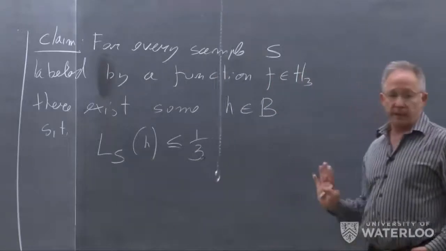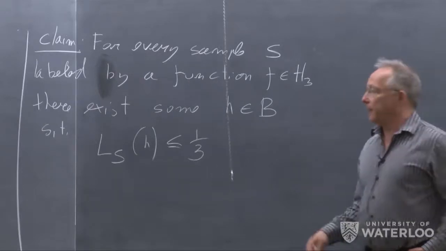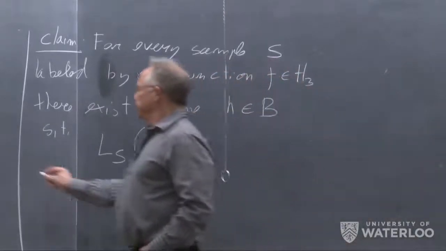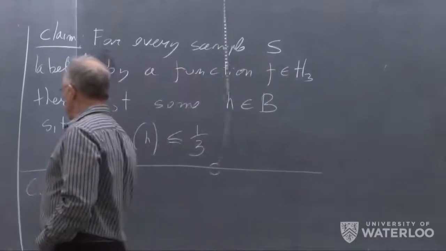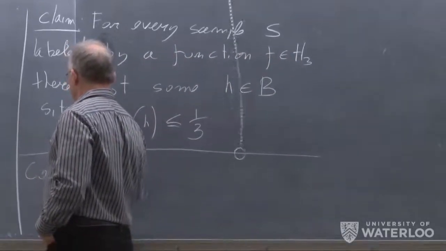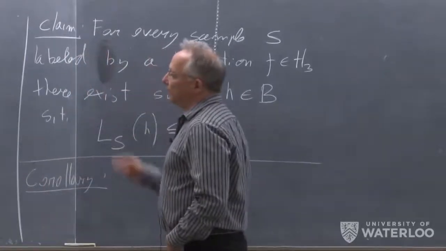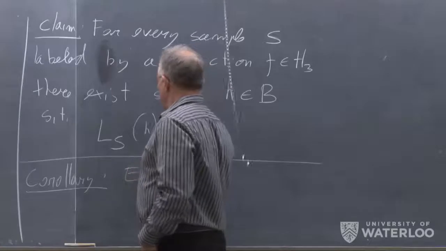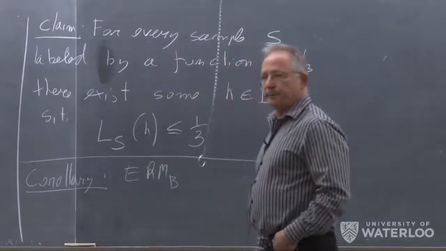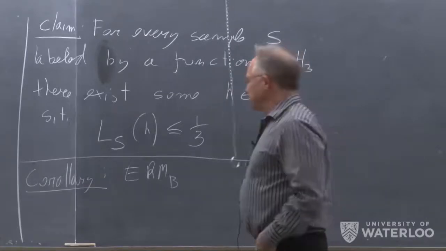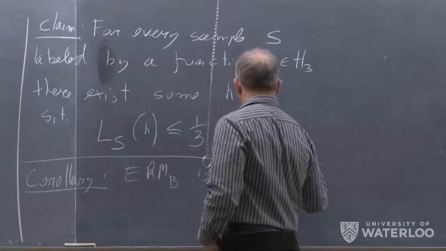This is what we saw last time. It was very simple. A corollary from this is that ERM over B is a weak gamma, or gamma weak learner, for my H3.